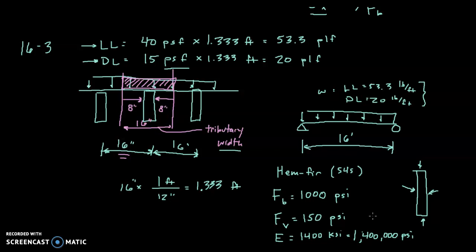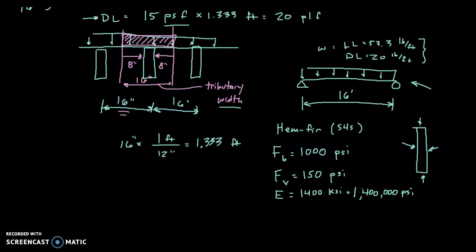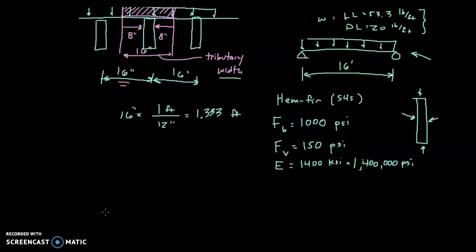Okay, so now that we know that information, we can start to look at our one individual joist, which has 53.3 pounds per foot live load and 20 pounds per foot dead load, and calculate what the moment would be so that we can know what section modulus we're going to need. So let's begin that calculation down here.